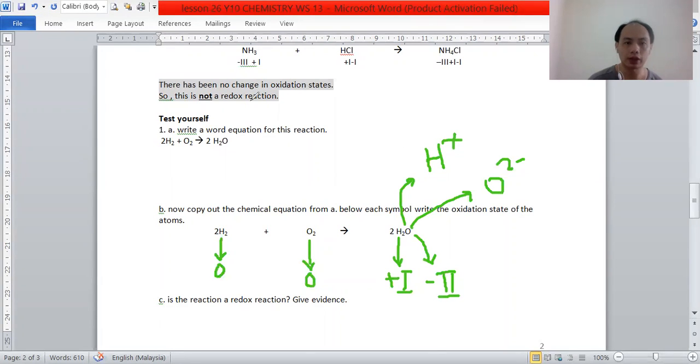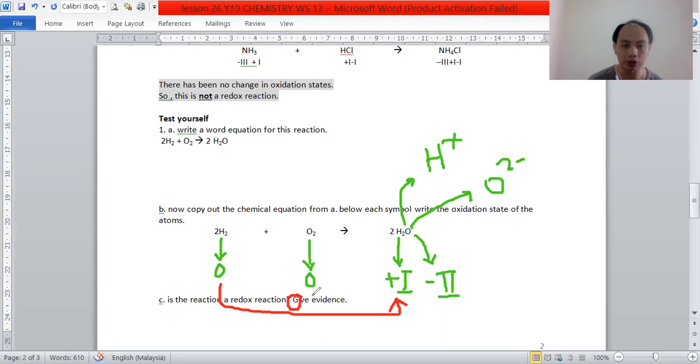Now let us see which one is oxidation. Let's look at hydrogen first. Hydrogen goes from 0 to plus 1. So it is to the right, the oxidation number increases.